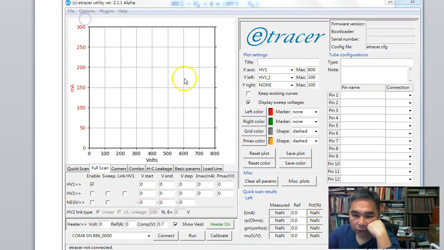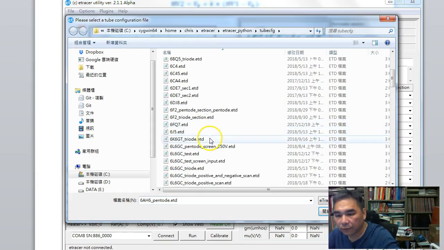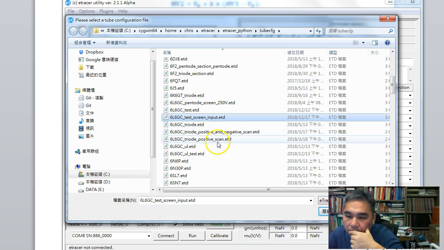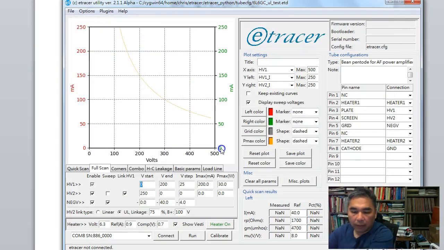Okay, let's use the 6L6 as an example for the UL test. For the ultralinear test, ultralinear mode is only valid under the full scan tab.